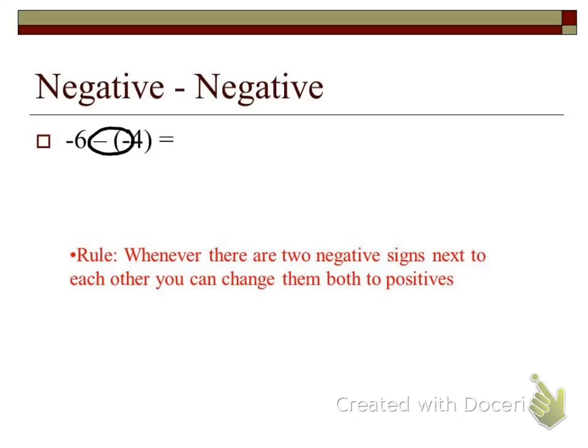Those are the ones that should look strange to us. So whenever there are two negatives right next to each other like that, we're going to change them both into positives. So -6 plus 4 is -2.